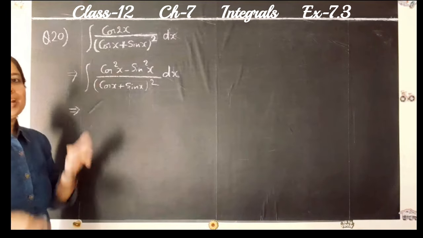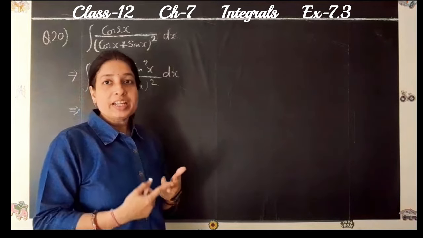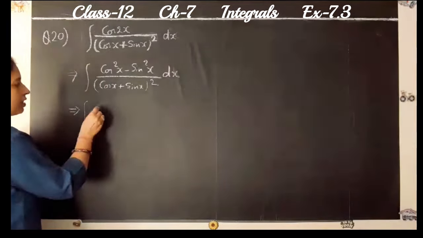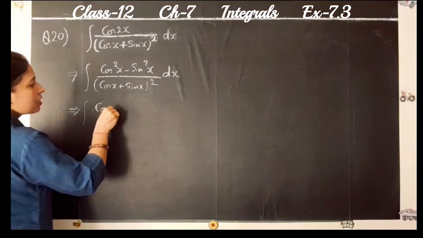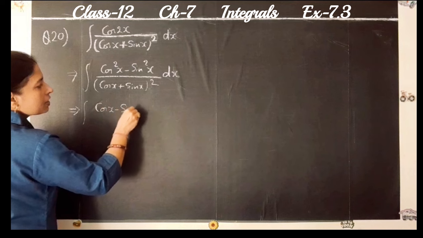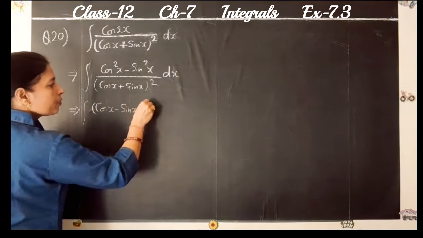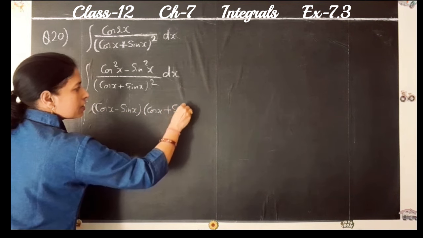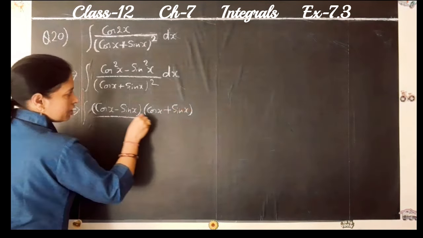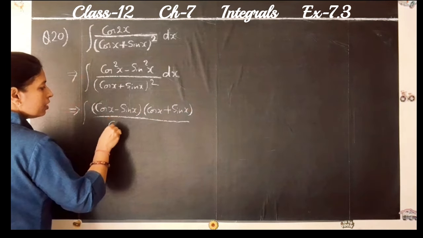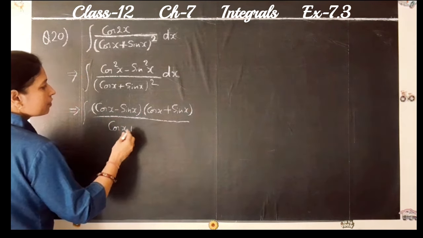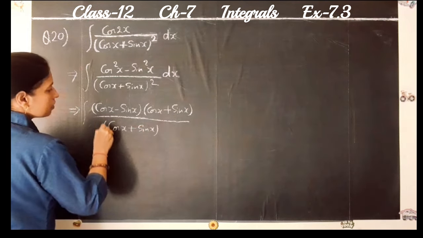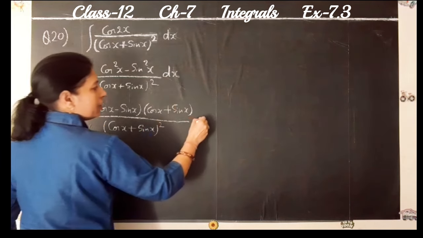Here it is in the form of a square minus b square. So we can write a minus b into a plus b. So it will be cos x minus sin x into cos x plus sin x, which is divided by cos x plus sin x whole square, dx.